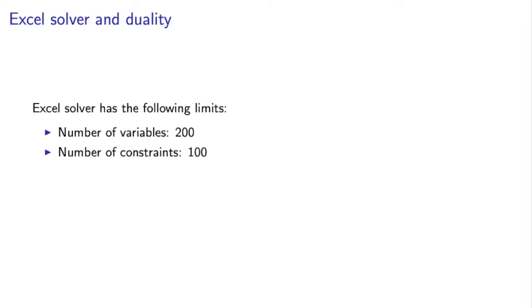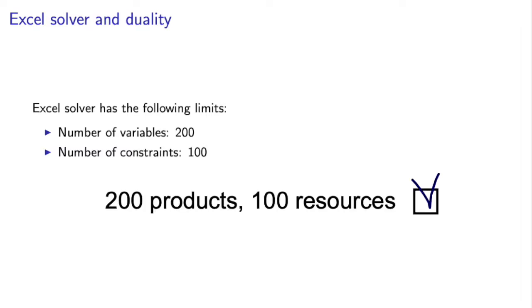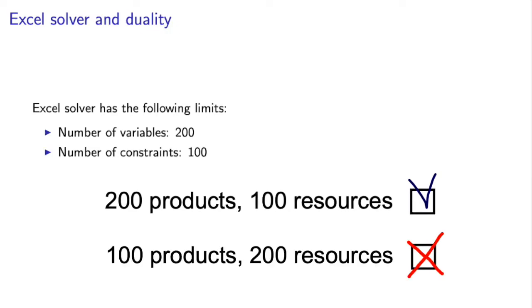Now I see where you are headed with this example. Say, if I had a production planning problem with 200 products and 100 resource constraints, the corresponding LP model would be within Excel solver's limits on the size. But if it is the other way around, 100 products and 200 resource constraints, we are in trouble.